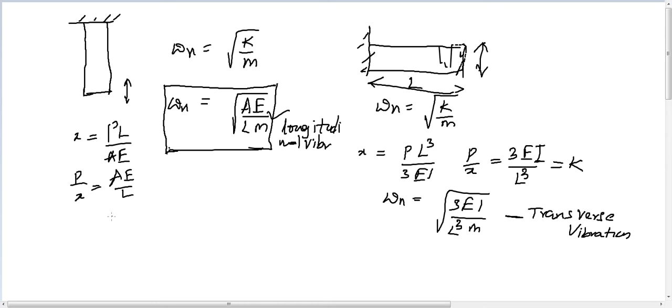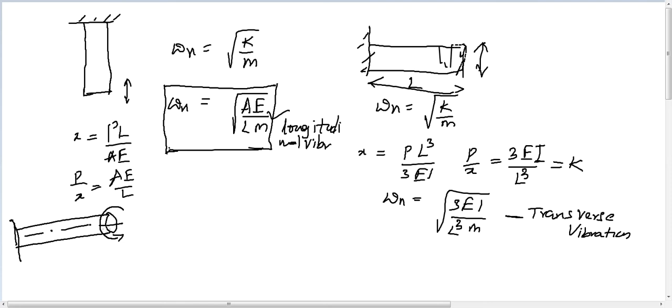Now let us see about the torsional vibrations. Let us consider one circular bar, and if we twist it about the axis of the shaft and leave it, it will try to vibrate in this direction.